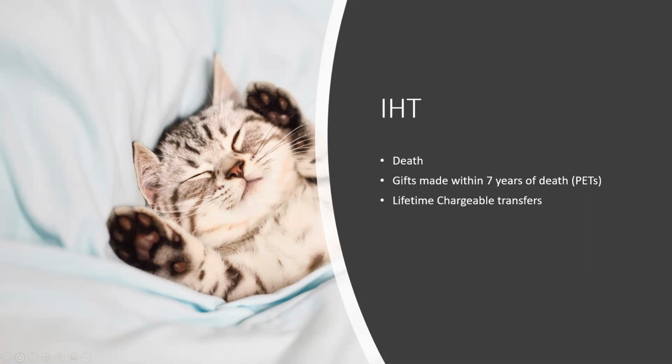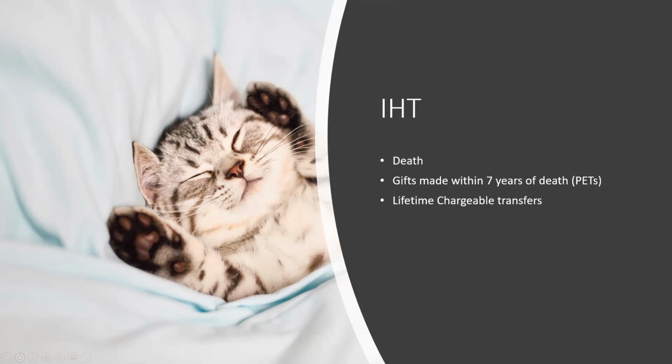But anyway, as I said, the primary time when you'll come across inheritance tax is on death. And obviously everybody dies, although not everyone will be charged inheritance tax, because if you don't actually have any assets on death you wouldn't be charged.